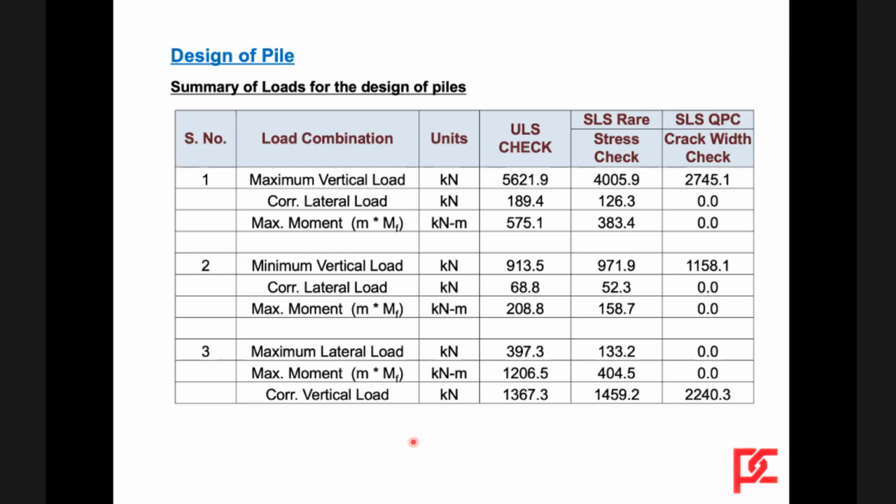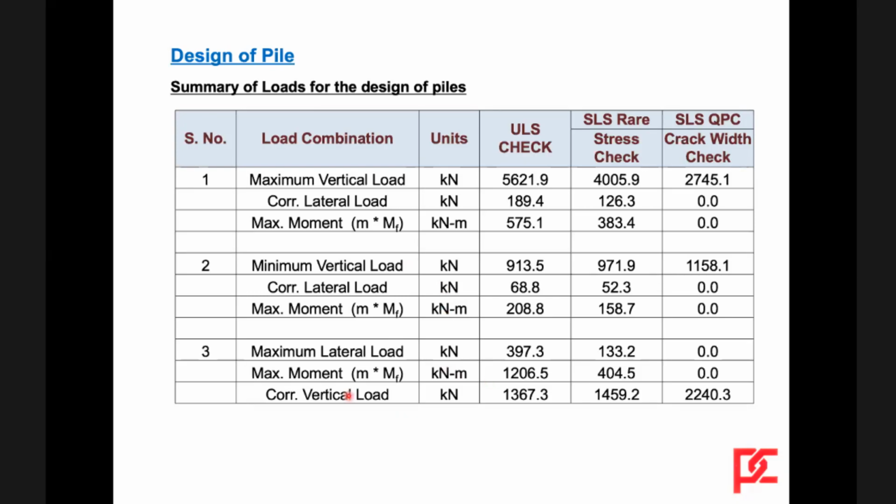And then the structural design of pile. For the various combinations we have calculated P, ML, MT. For the ULS check, these are the maximum vertical load cases and maximum moment cases.